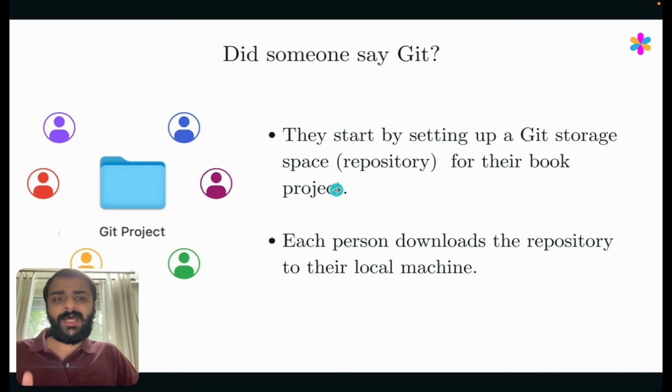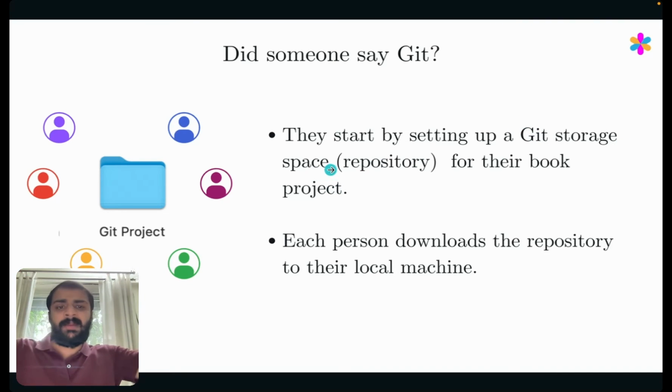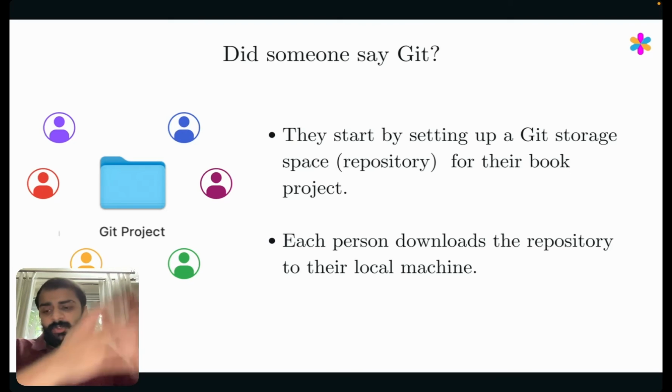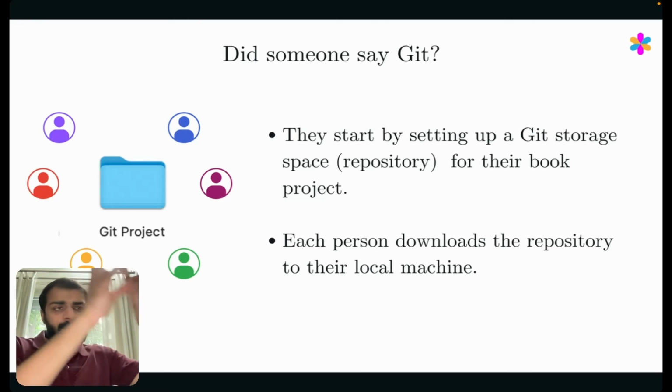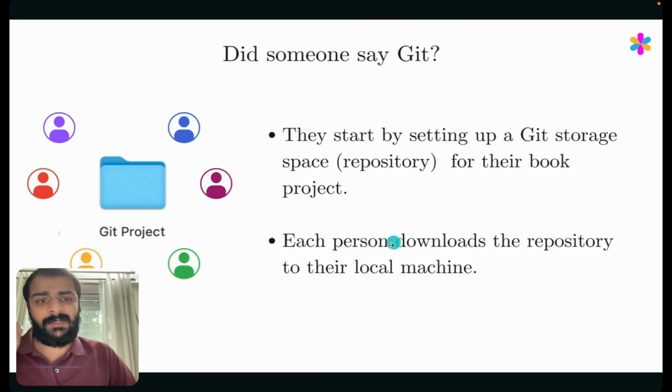How do you start? You start by setting up a Git storage space, which is called a GitHub repository. This is on the cloud. This is a website, the centralized location where the current version of the book is stored. And then every person downloads this repository.